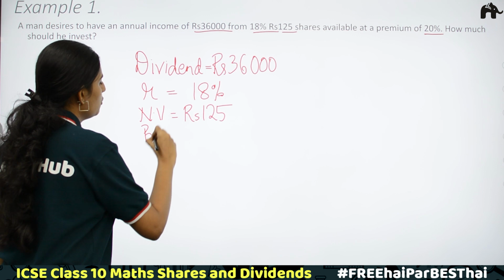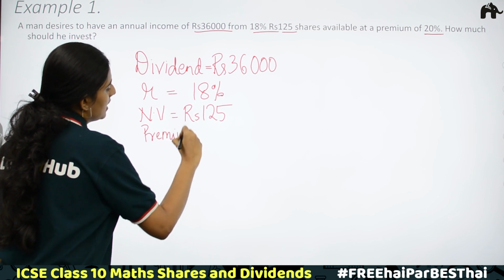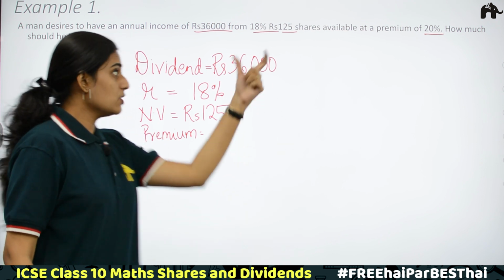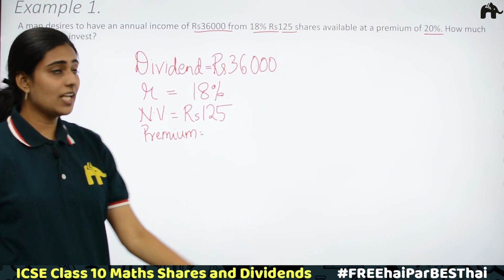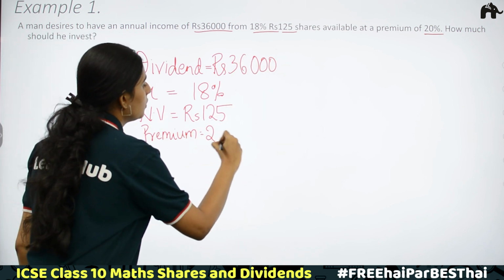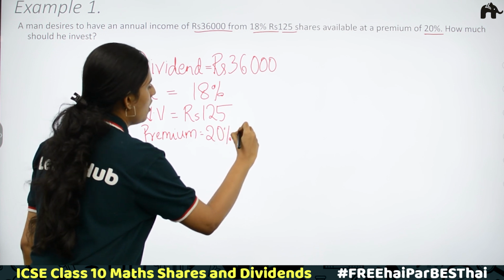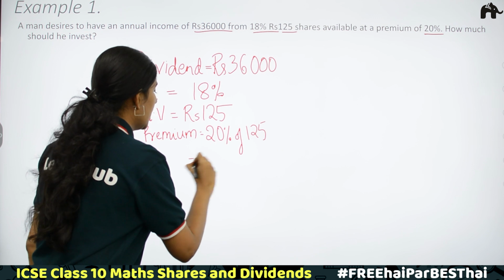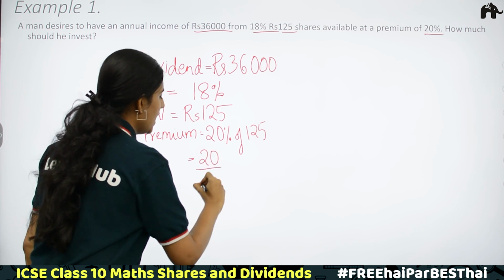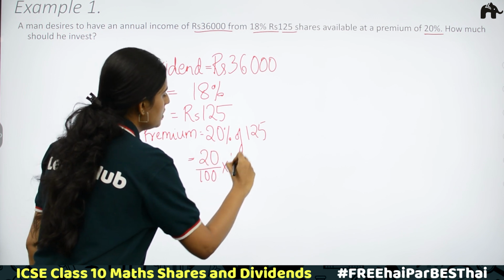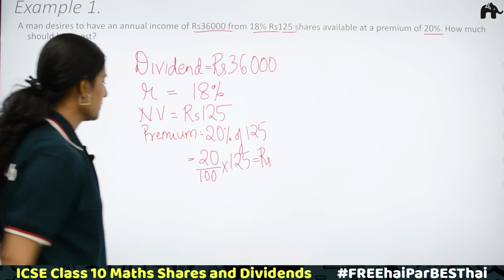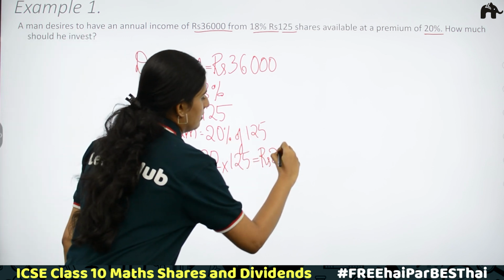Premium we need to find first. It is given 20% premium, which means we have to calculate with respect to the nominal value. Premium is equal to 20% of nominal value, that is 125. 20 by 100 into 125, which is equal to rupees 25.